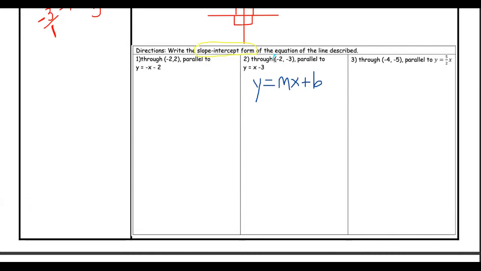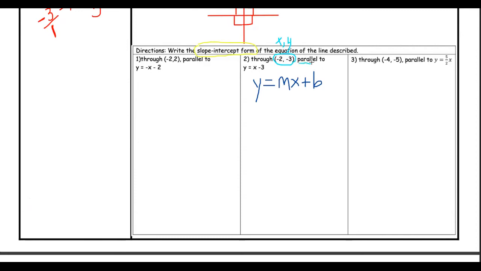We get a point. Anytime you get a point, then you have the opportunity to use the x and the y. Okay, remember, ordered pairs, the first number is x always, and the second number is always y. You might not always use that information, but it is something that you could do when you have a point.